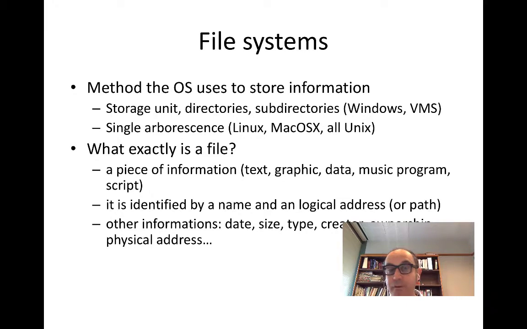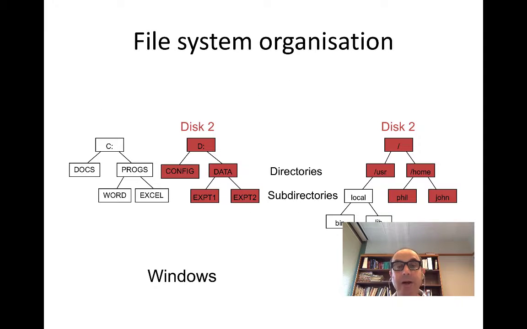It is a piece of information, identified by a name and a logical address or path, and it usually holds different types of data. For example, it can be sorted by the type of data it stores, by size, by type, by creator or ownership, or by physical address.